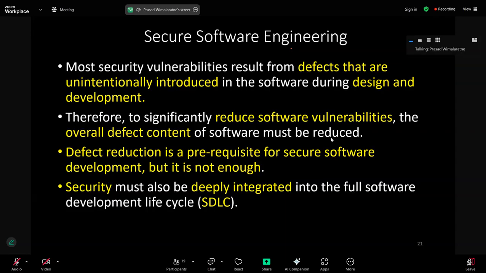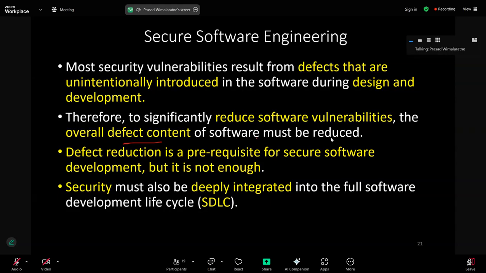In order to fix the problem, sometimes we need to make structural changes to the code, which is very expensive and time consuming. That's the key requirement we are trying to get at: we need to reduce software vulnerabilities and overall defect content in the early phases of the life cycle.